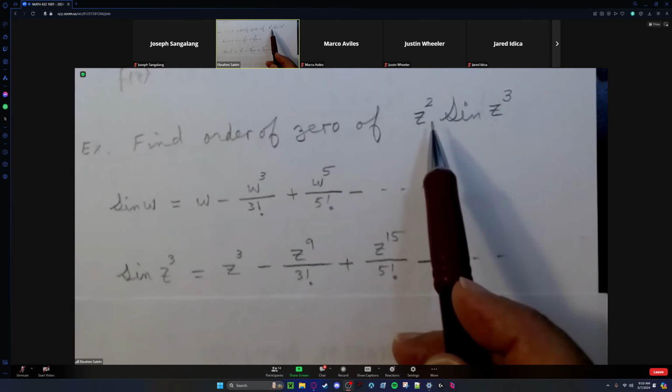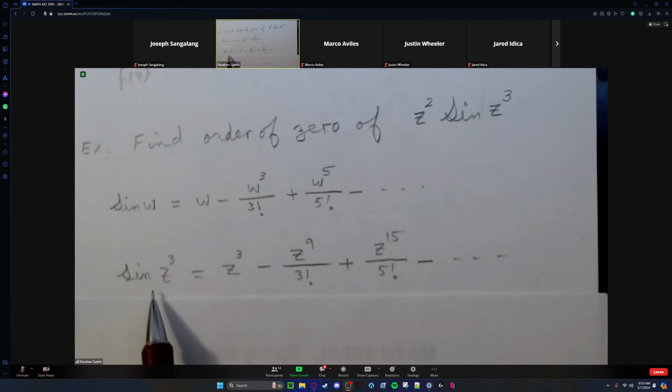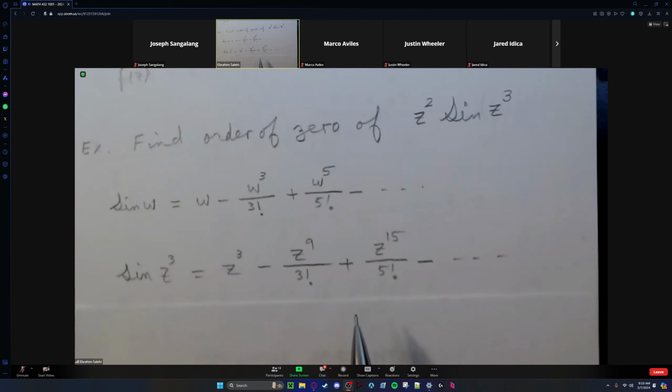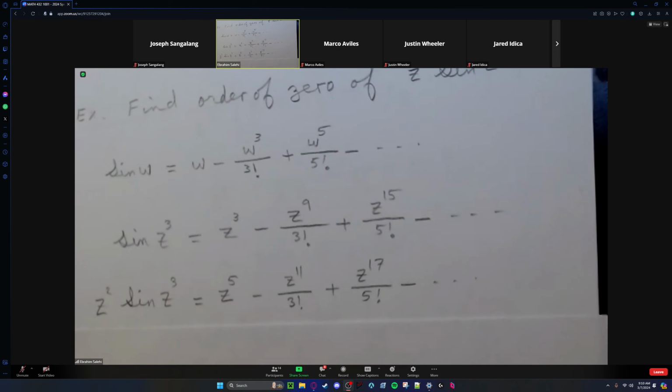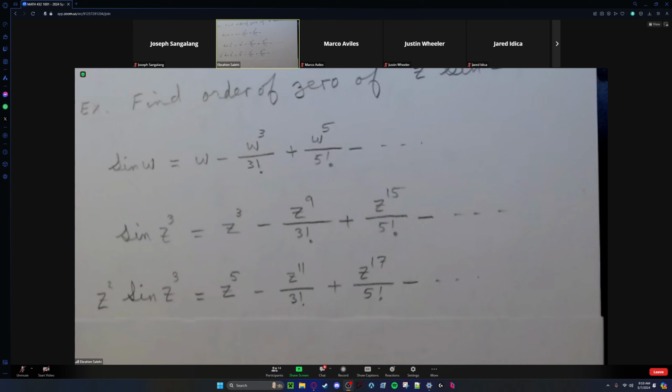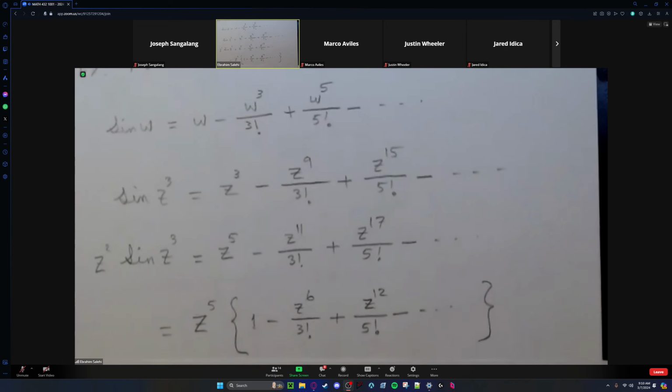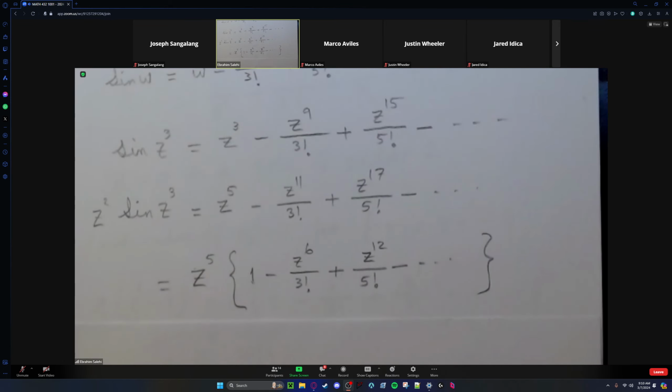Now you multiply by z squared, and this is your function. And z equals 0 is a zero of order 5, because if you factor z to the 5, you get this.